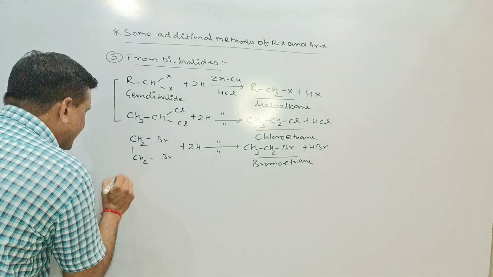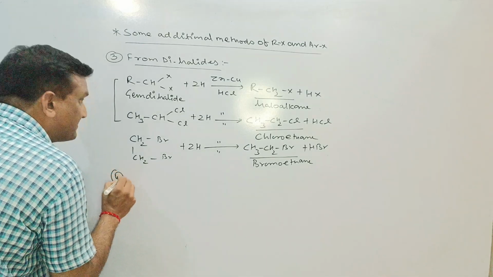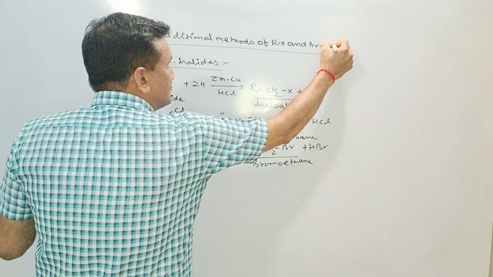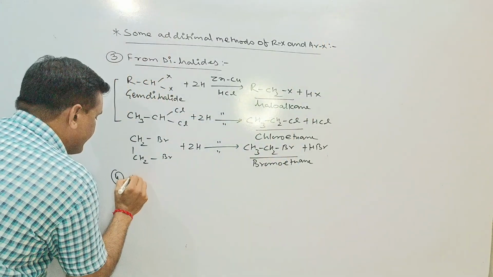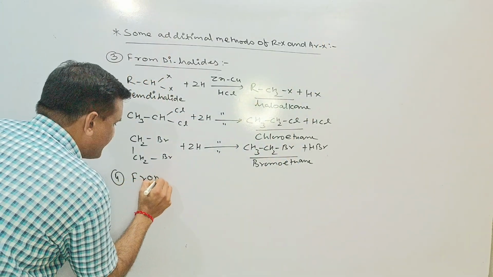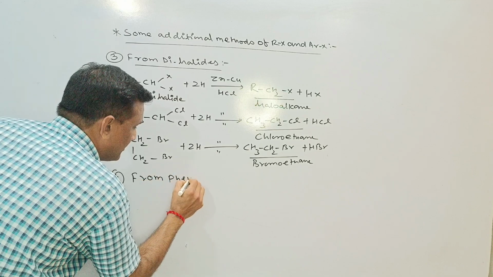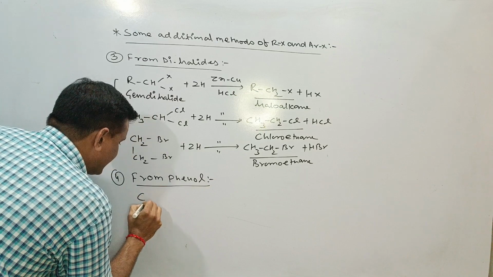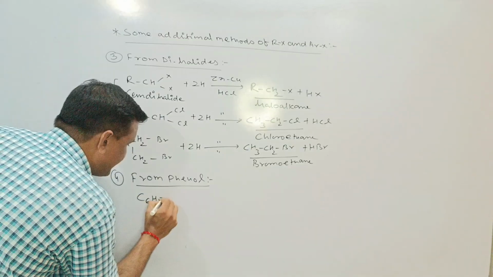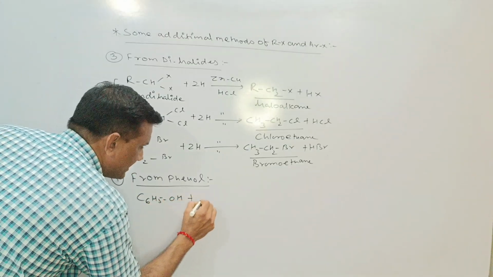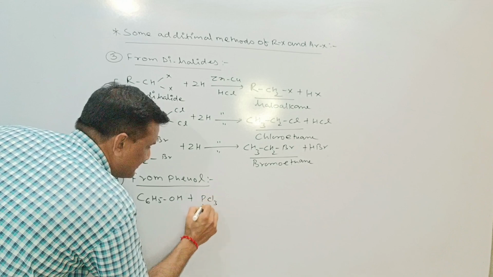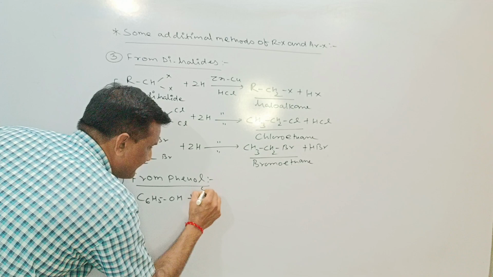If we go with the further methods of preparation of haloarene, then we can take it from phenol. This is the most important. Regarding phenol, we can take the formula C6H5OH. Here is the PCl5, which dissociates into PCl3 and Cl2.